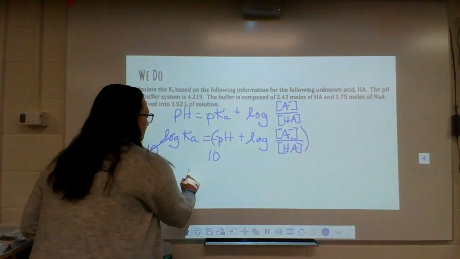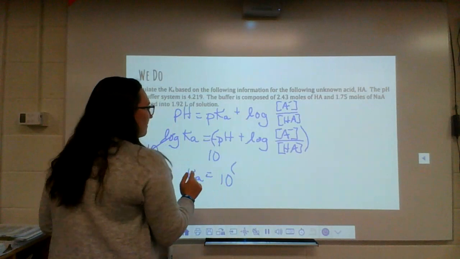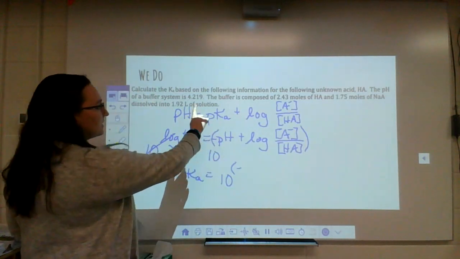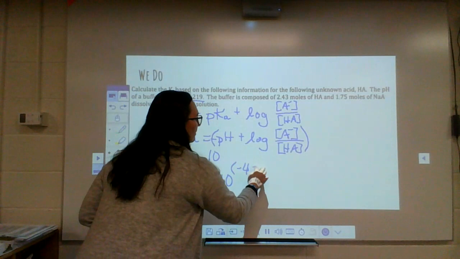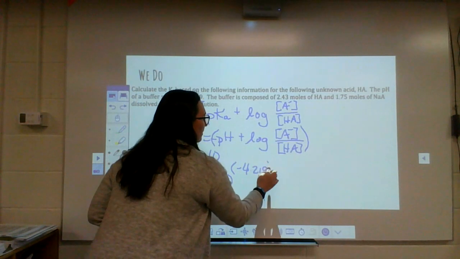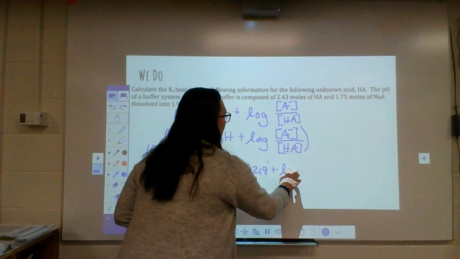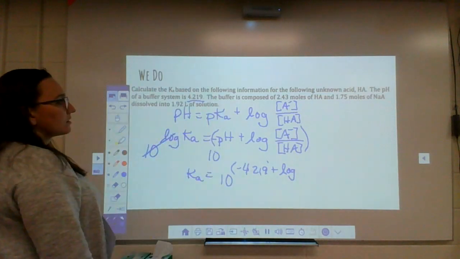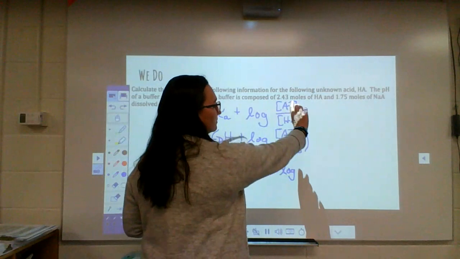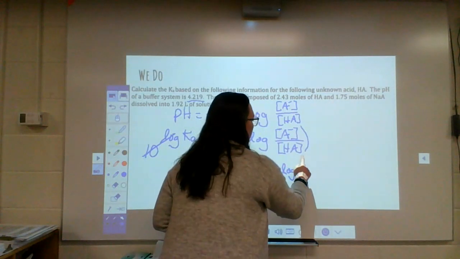So now let's substitute. My Ka is equal to 10 to the negative of my pH, which was 4.219. And then I'm adding to that the log of 2.43. Sorry, I need the conjugate base first, 1.75.